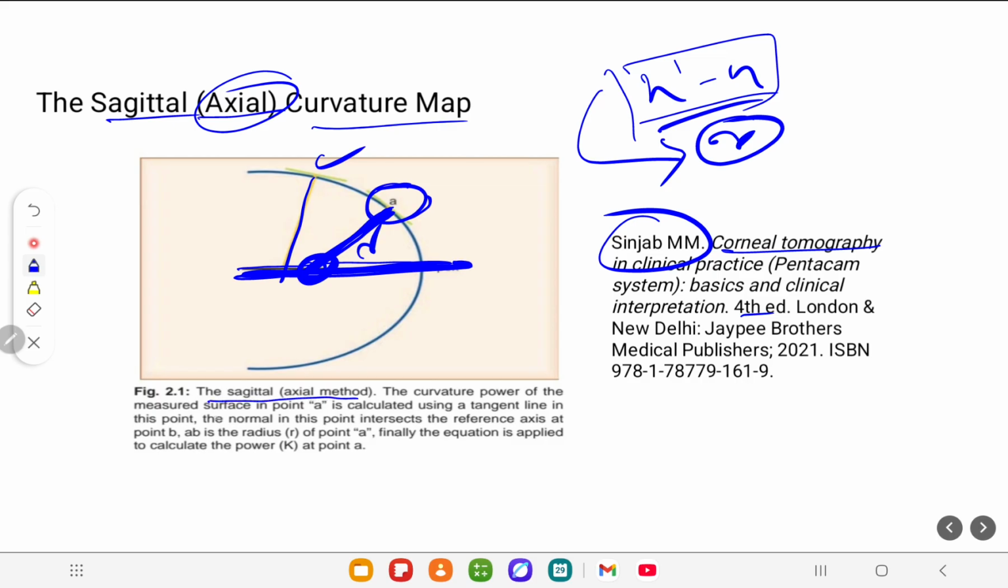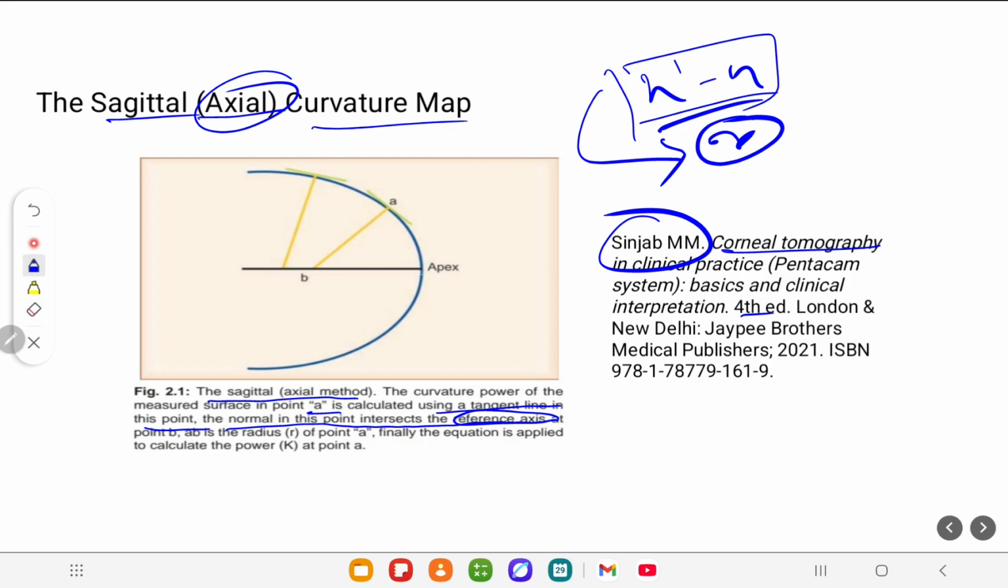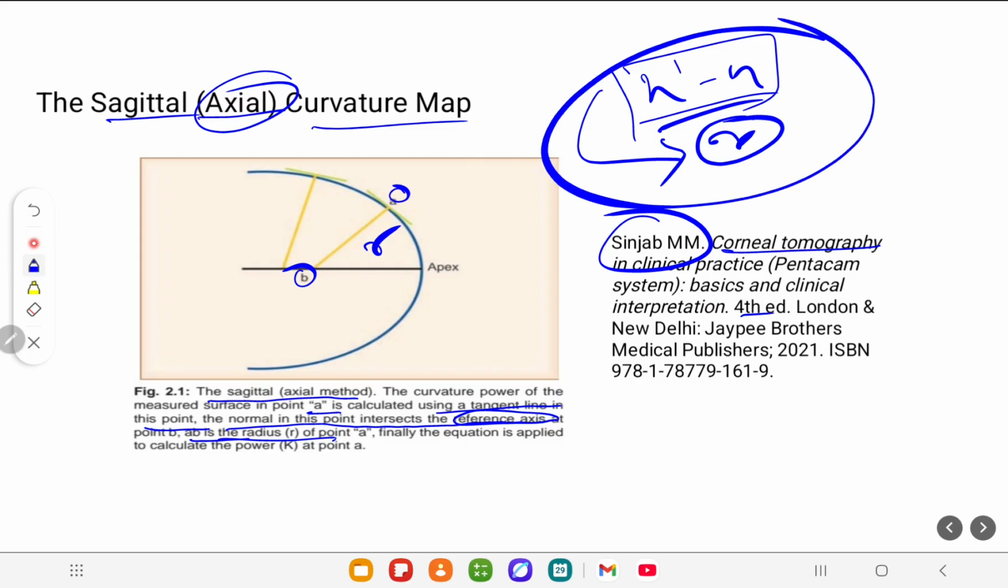The curvature power of the measured surface point A is calculated using the tangent line to the point, and the normal to the point intersects with the reference axis. So that's why the reference axis matters. It's very important, that black line. The distance from A to B is now the radius. Now we put this into the formula and you get the result.